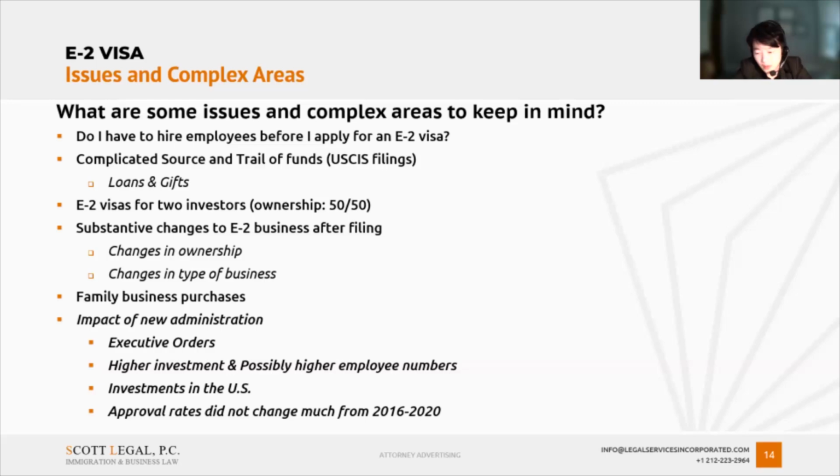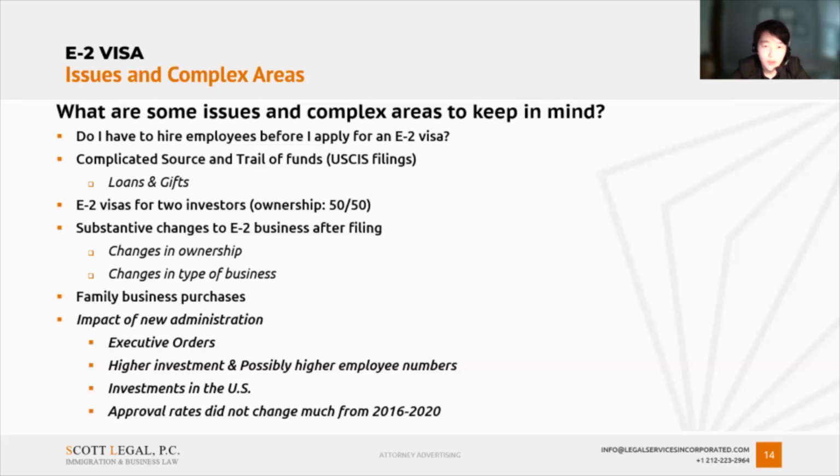Now, the last thing we will talk about is the impact of the new administration on E2 visa practice. So there have been some executive orders that may impact adjudicatory approaches. For example, enhanced vetting, America First trade policy, and things like that, where the general priority of the administration is prioritizing creation of jobs for Americans.